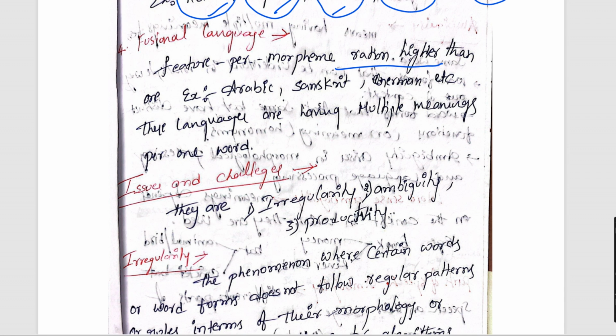So here they look at the ratio of the morpheme features, and based on that they explain the different morphemes and different sentences. Examples here are Arabic, Sanskrit, and German. These are languages having multiple meanings for one word.